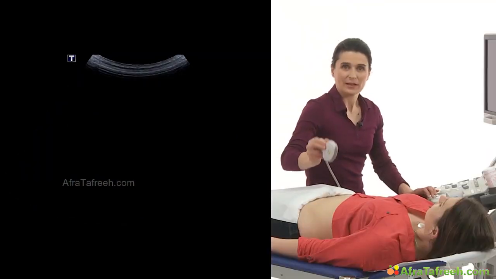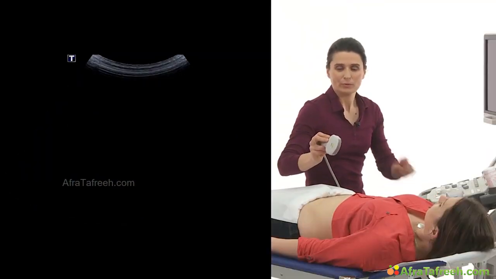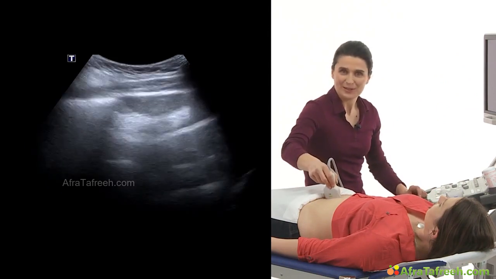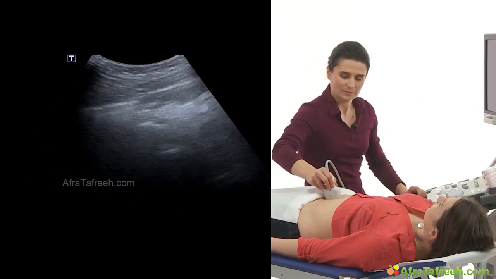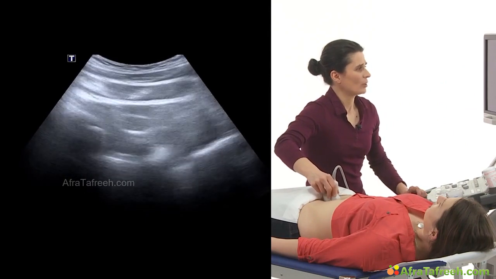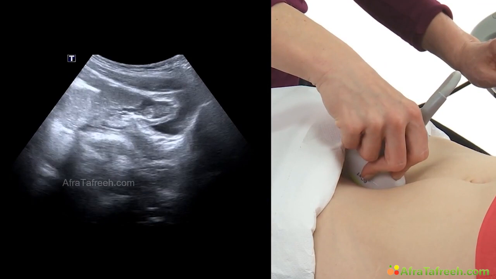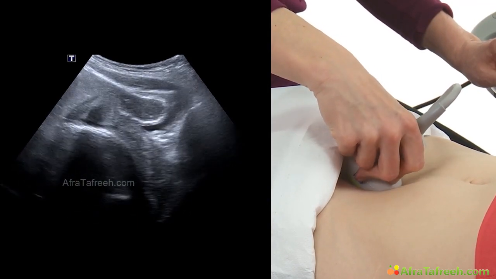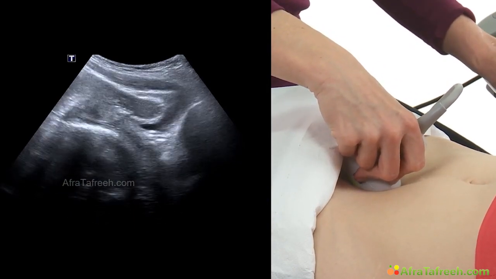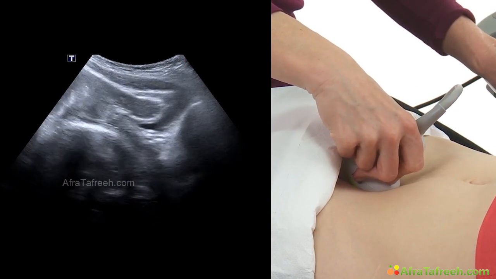I try this again in the longitudinal view. Remember the mark pointing to the patient's head. Shortly above the pubic bone, and tilt the transducer behind the pubic bone. And I must admit it's not so easy this time.